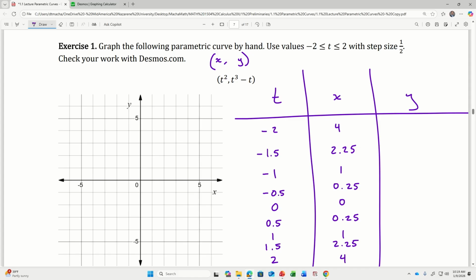For my y coordinates, I take the t value and I take t cubed minus t. So -2 cubed minus -2 is going to give me -6. I'm going to have to use my calculator for the next one. This will be -1.5 cubed plus 1.5.